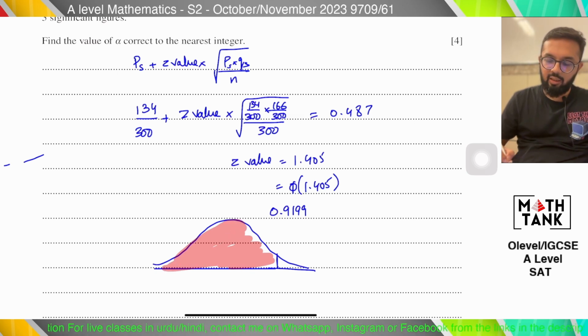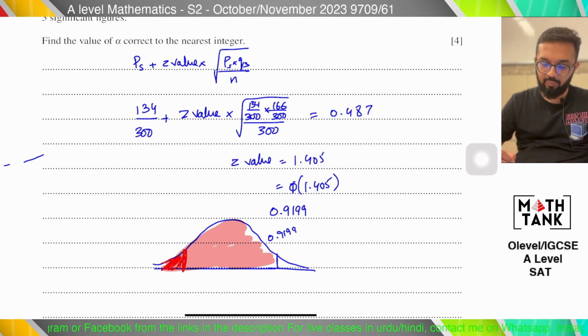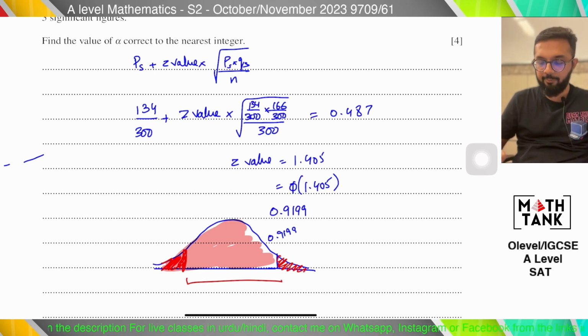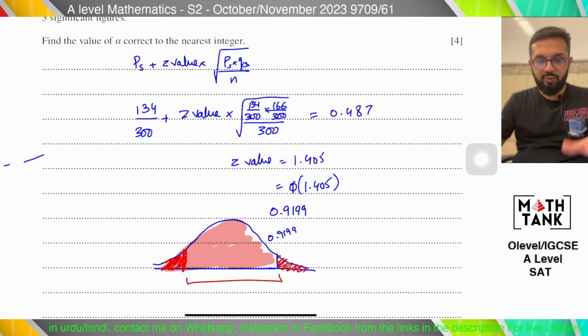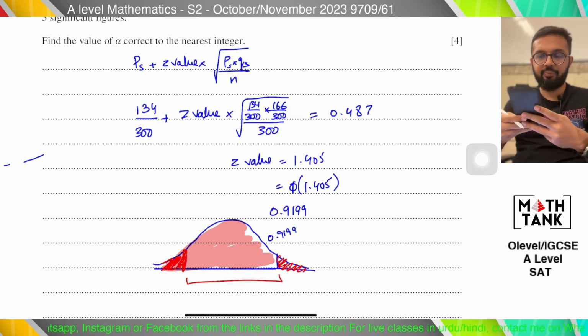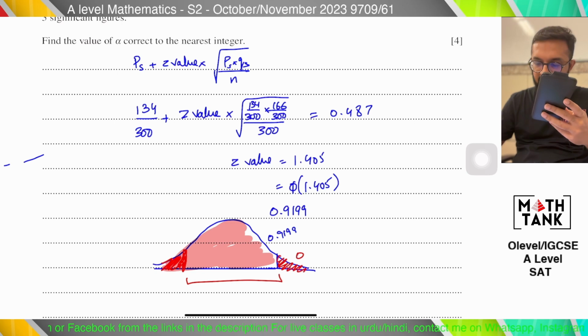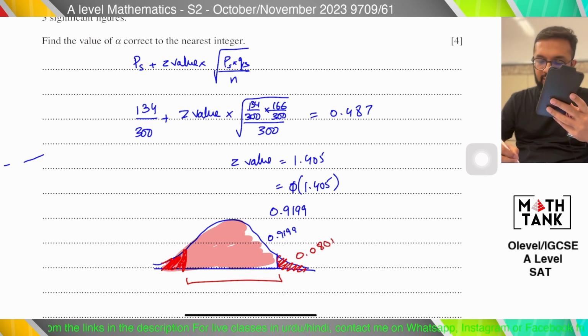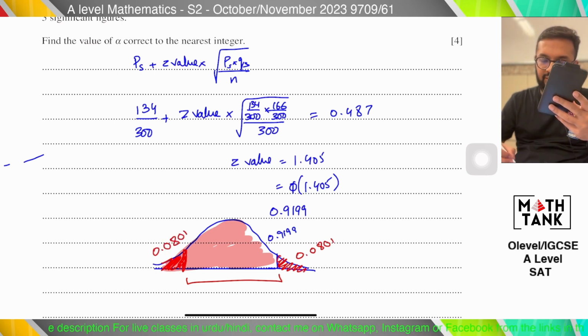Okay, when I construct a confidence interval, I know that it's on both sides. So what I'm going to do is create another boundary here and say, how much is this area? This area should be the same as this area, and then the remaining should give me the confidence interval. So what's 1 minus 0.9199? That's 0.0801. So there should be a 0.0801 here as well.